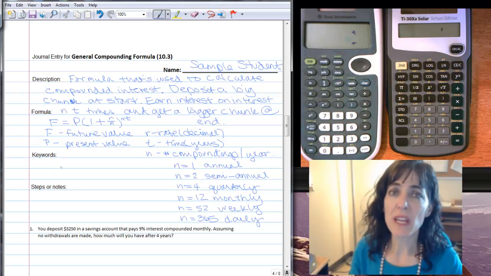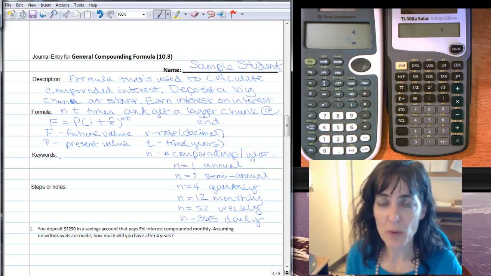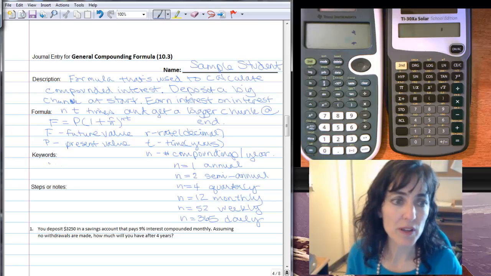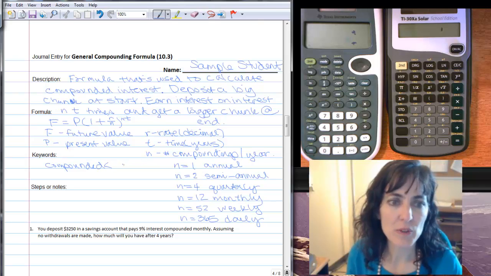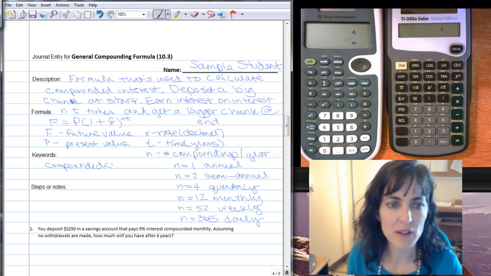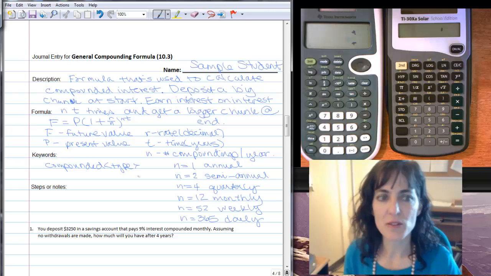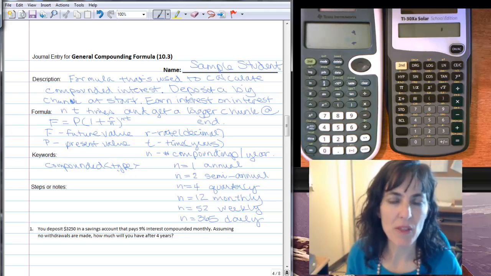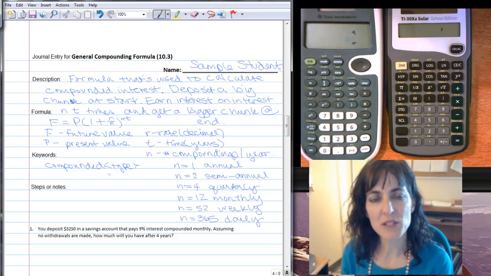Okay, so some keywords that are going to tell you that you need to use this formula would be compounded, and then you would see annual, semi-annual, one of those. So we might say compounded monthly. That's going to be the biggest clue for you.